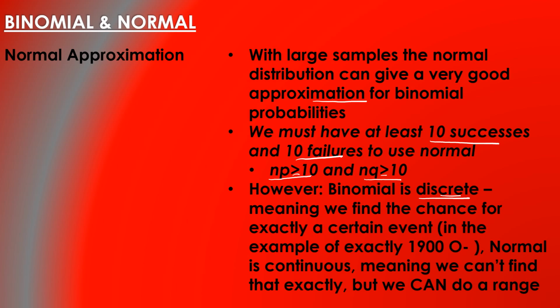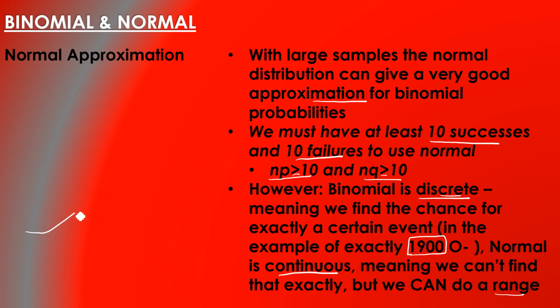In our examples, we found the number of successes, say 2 successes or 3 successes. In this case, we wanted exactly 1,900 successes, but the normal distribution is continuous. That means we can't find this 1,900 exactly, but using the normal distribution, we can do a range.